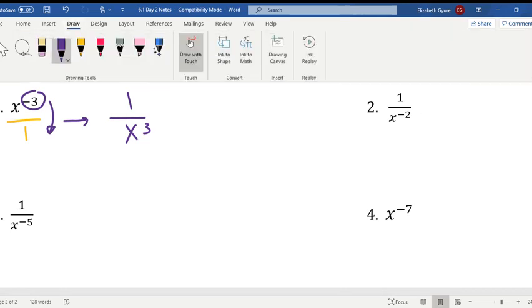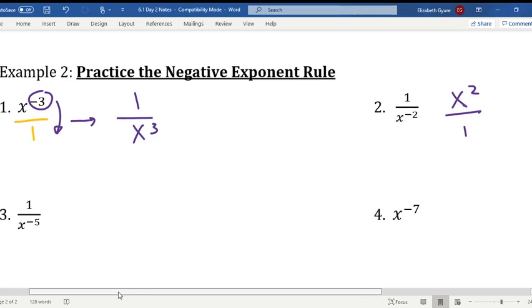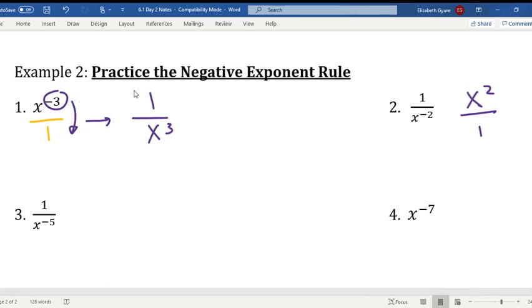So the x squared would move to the top and become a positive, and the 1 would go on the bottom. If it's on the bottom of a fraction, do you have to have a 1 there? No. Are you absolutely allowed to keep it there if it helps you? 100%. My guess is for ones like this, it would probably help you guys to have it there.